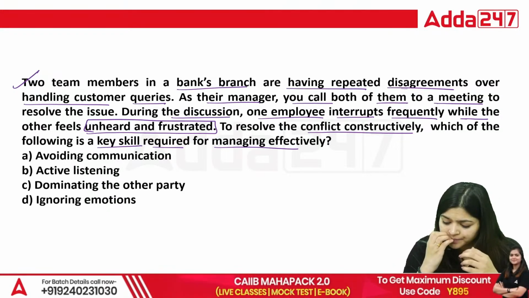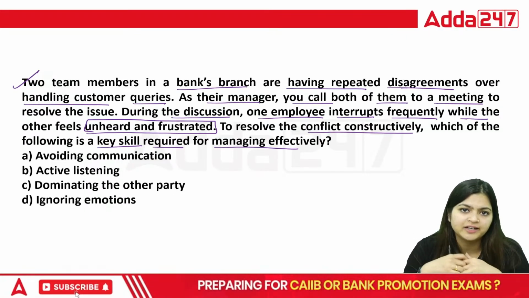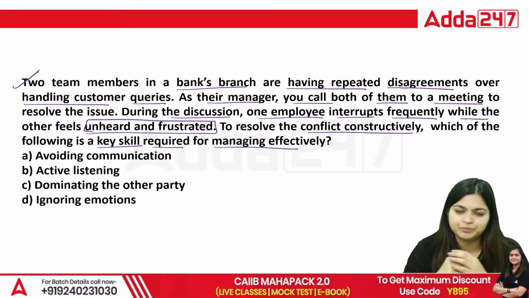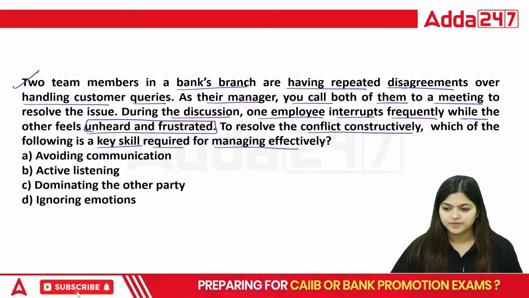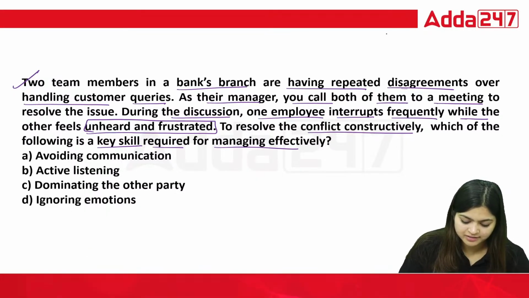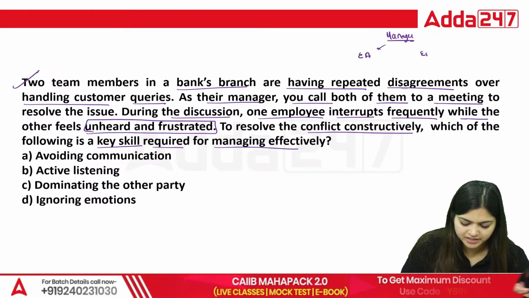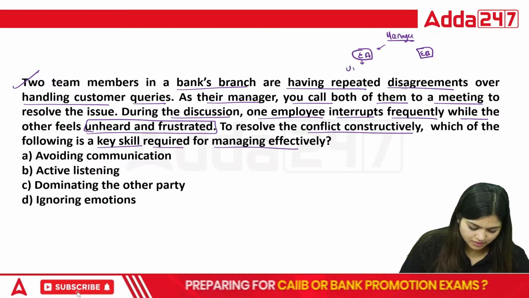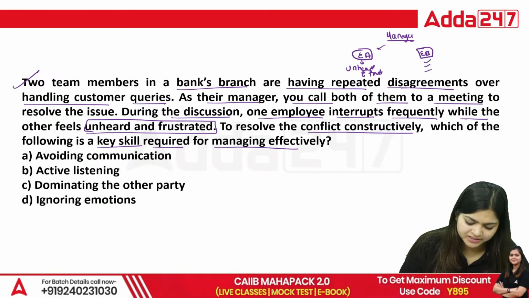That disagreement is creating problems in your company, because again and again they are fighting continuously. So you decide to resolve the conflict and call both employees. Let's take a quick diagram to understand. You are the manager here, here is employee A and here is employee B. Employee A feels unheard and frustrated, and employee B continuously interrupts.